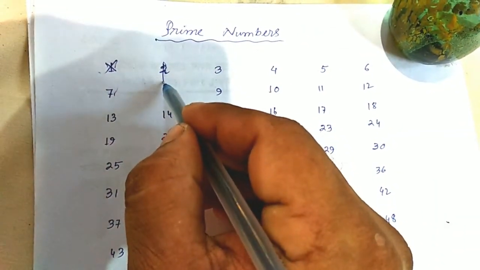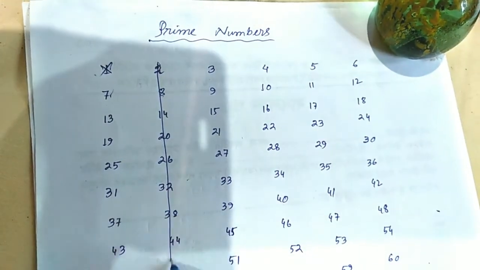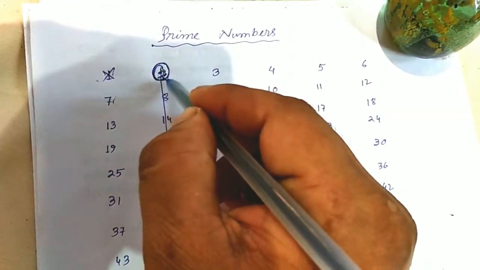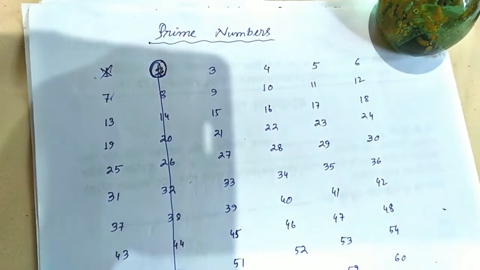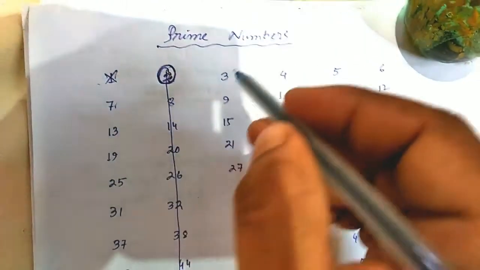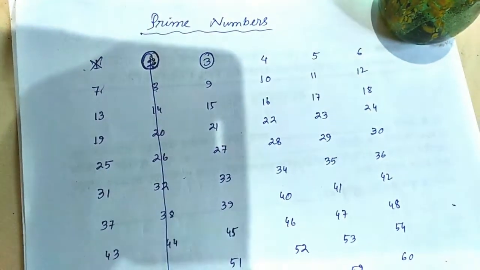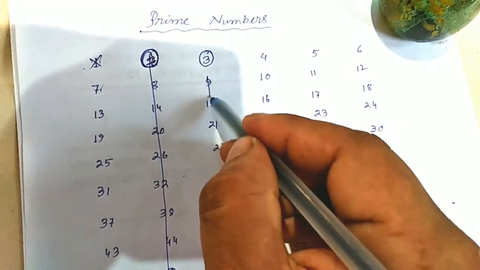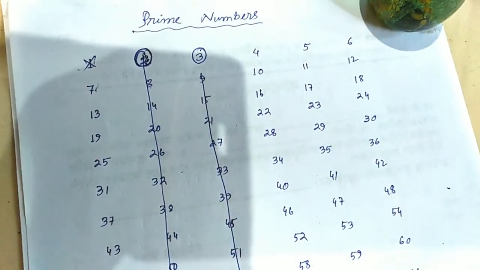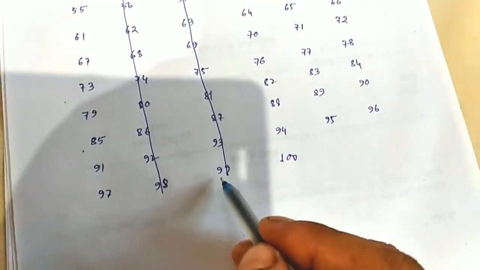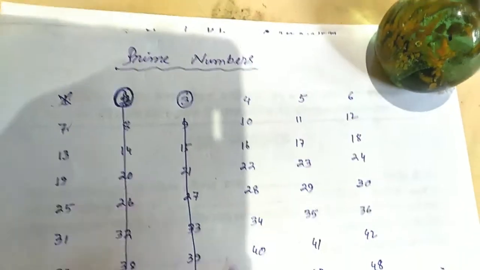So let us cut them all. 2 is a prime number, but all these other numbers are divisible by 2. Come to 3. 3 is a prime number, but in this column all the numbers are divisible by 3. Yes, up to here we can cut. Then come to 4.